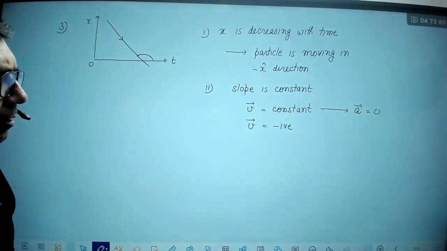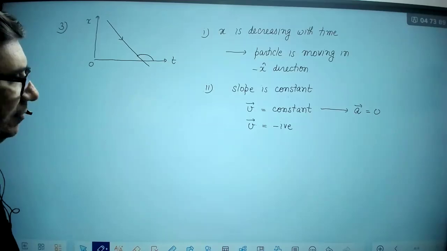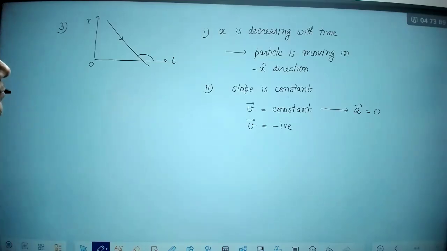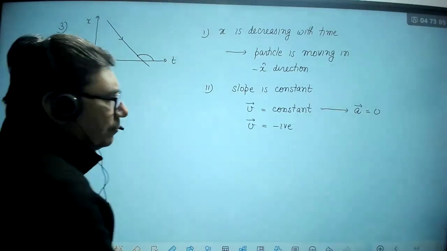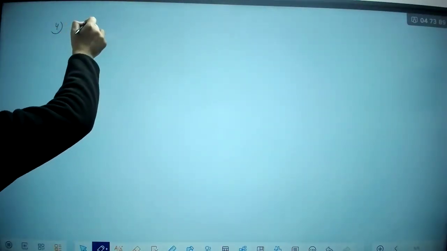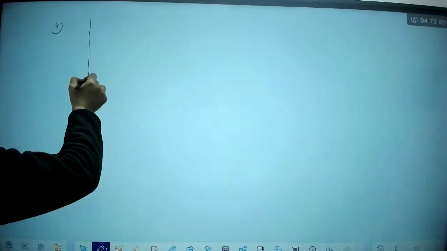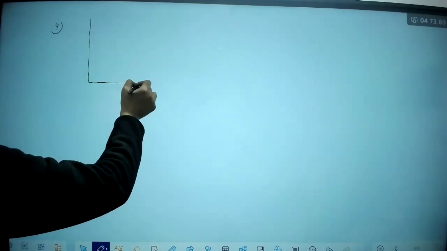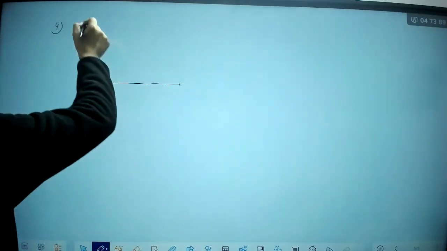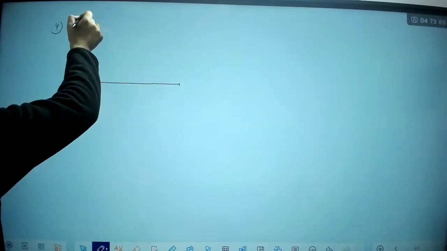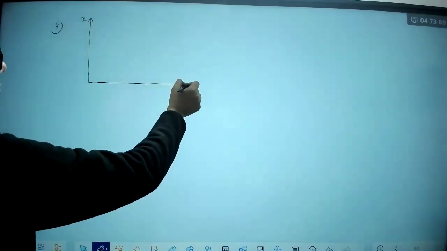Next, please note it down quickly. So fourth, if your graph is like this, a little bit more complicated graph, here this is x, this is time t.